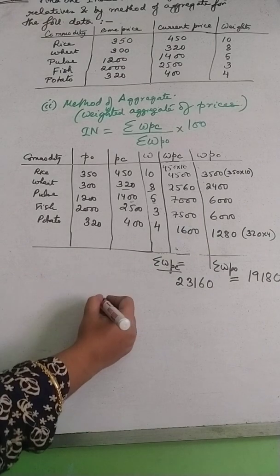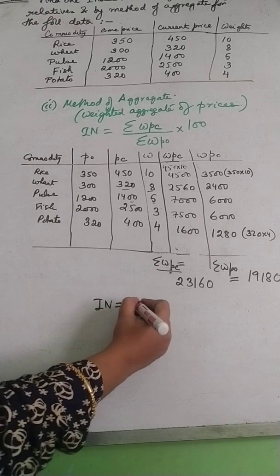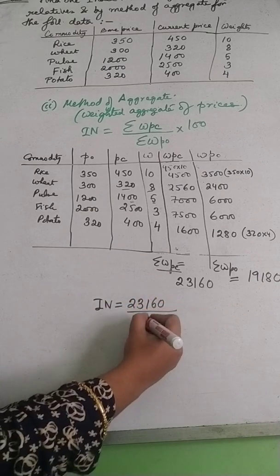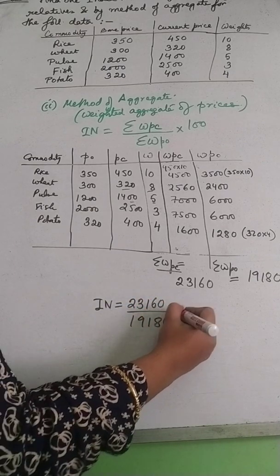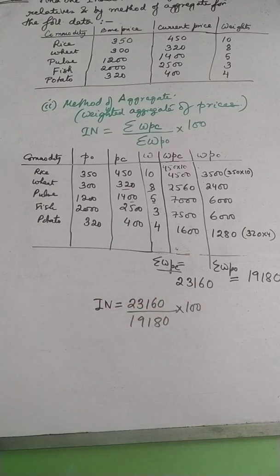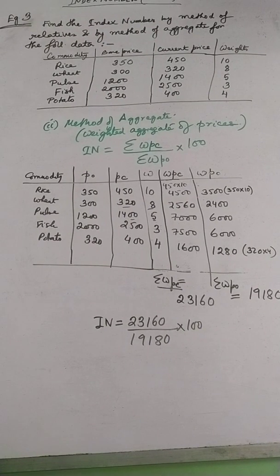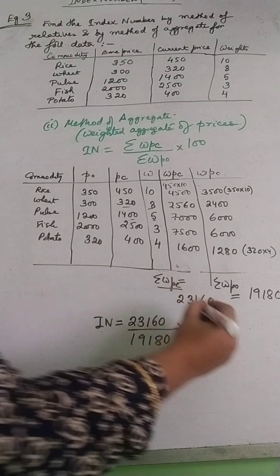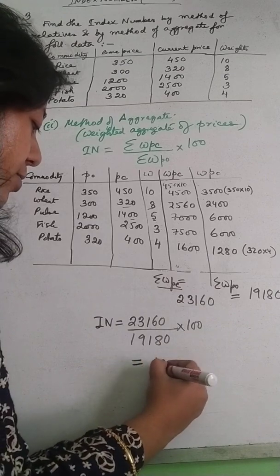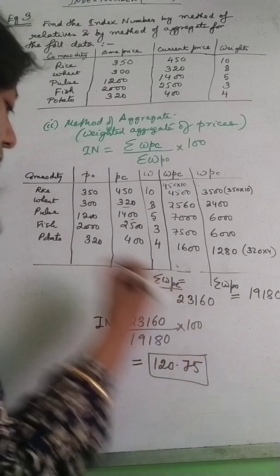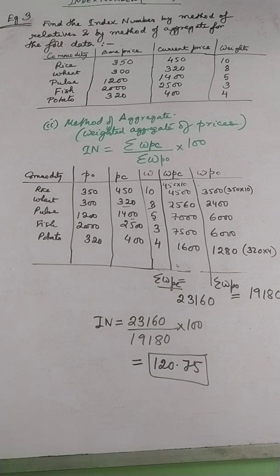So the index number is 23160 by 19180 into 100. Using your calculators, this will come to 120.75. This is your cost.